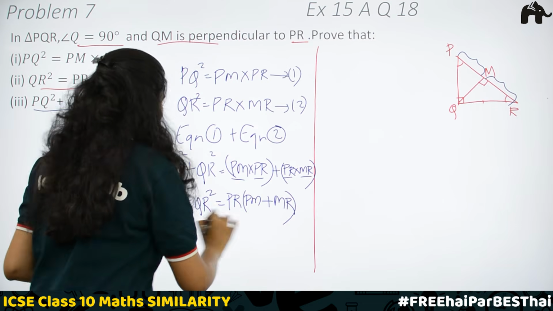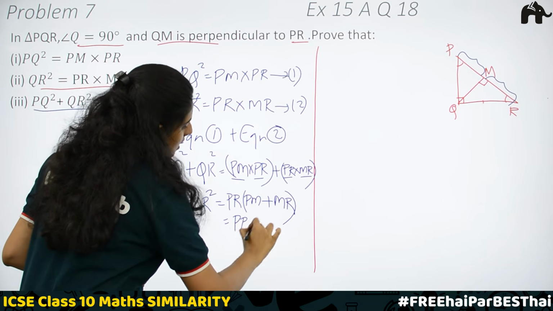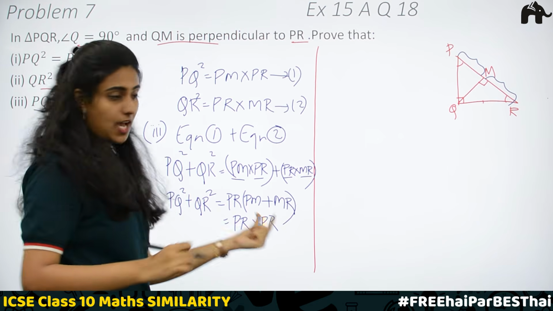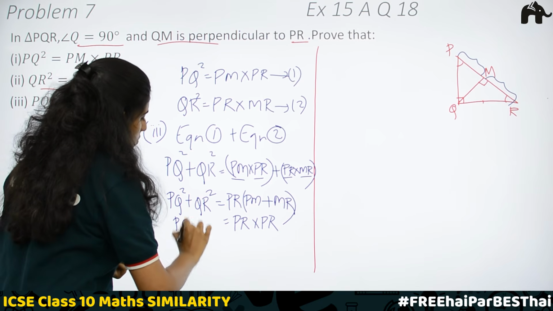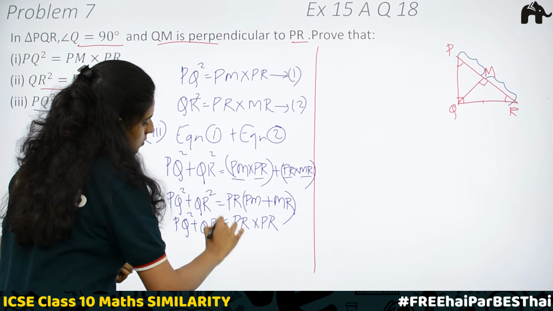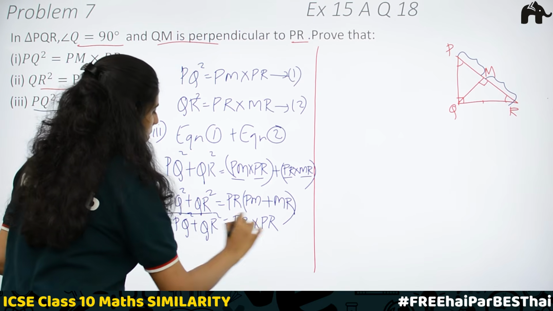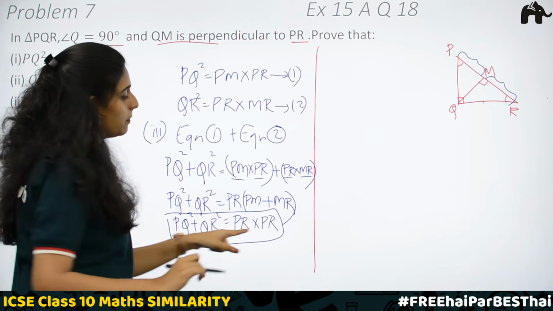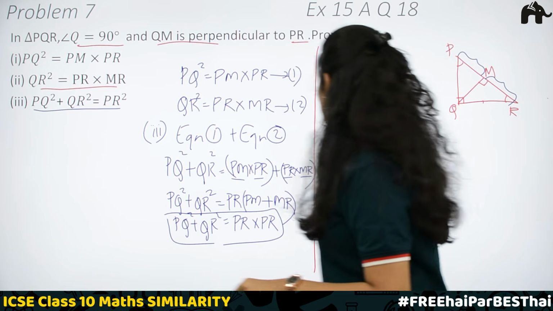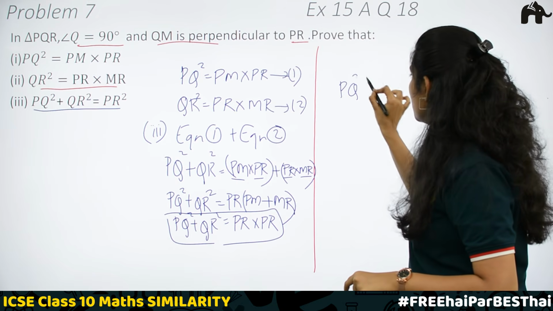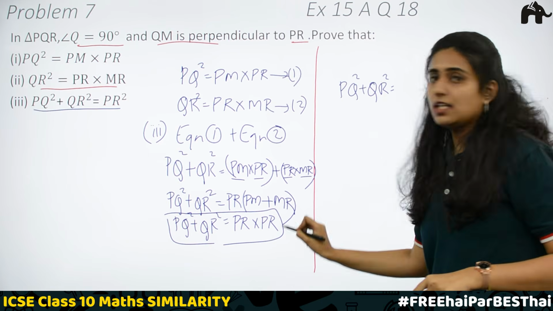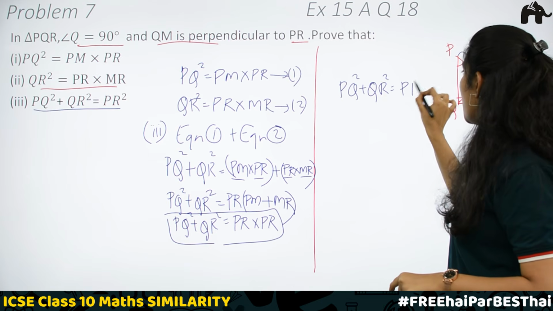Yes. Therefore, we get PR into PR. PM plus MR is equal to PR. That is PQ square plus QR square is equal to PR into PR, that is PR square.